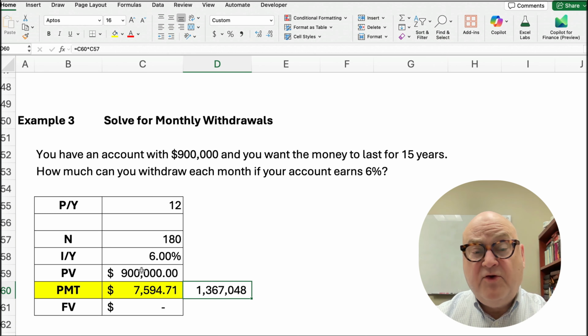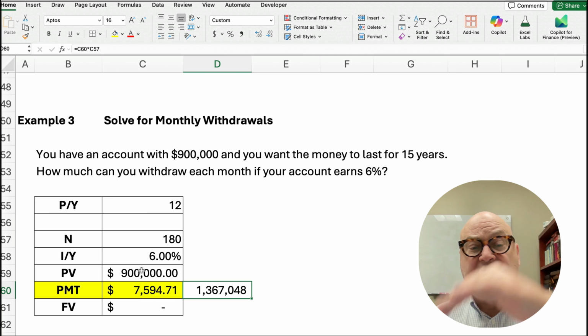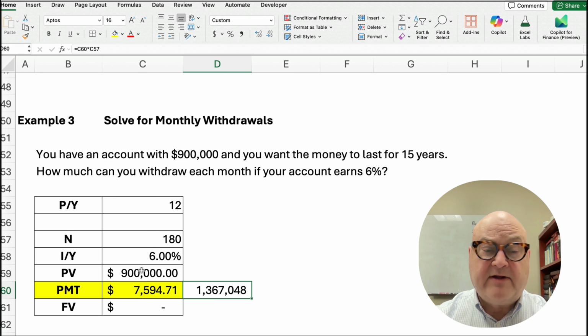Now, this assumes you're going down to 0 at the end of 15 years, and hopefully you don't need any more money after 15 years. So that's the calculation. If you want the money to last 15 years, you would take out about $7,600 a month. All right, so this is how you do payments using your BA2 Plus financial calculator.